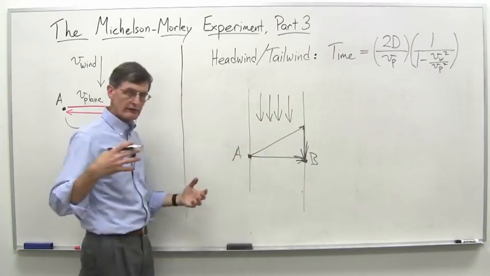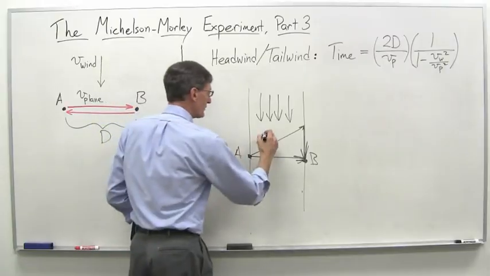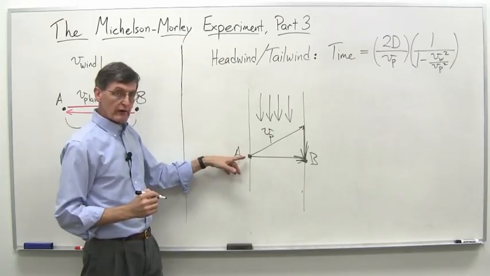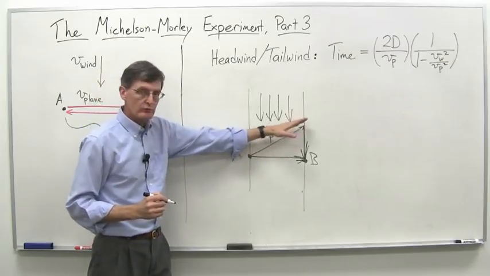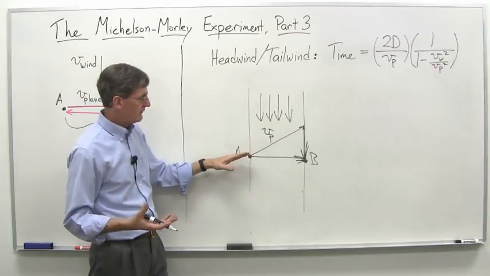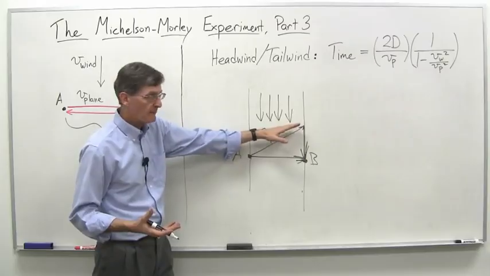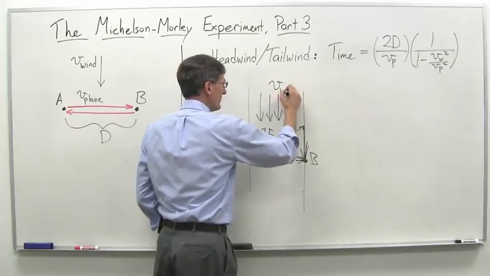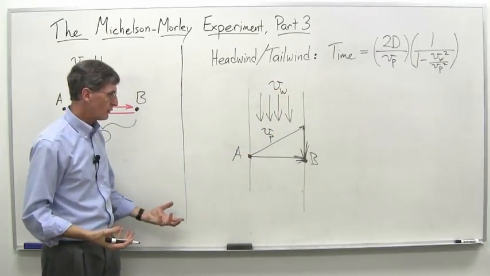Well, it's flying through the air at velocity v sub p. That's the actual velocity of the plane through the wind, or, if you want the swimmer, the velocity of us through the water. And then the current is v sub w, in our plane example, the velocity of the wind.